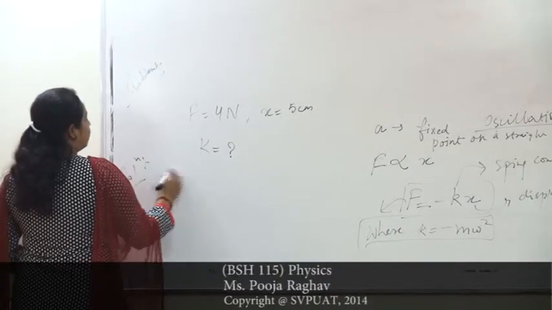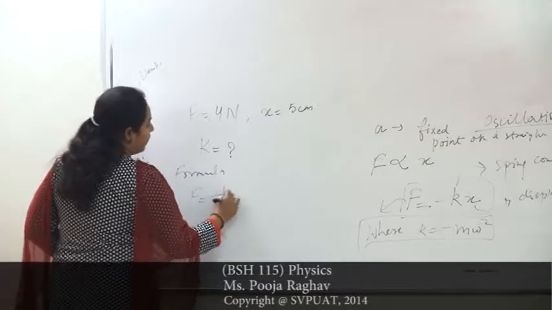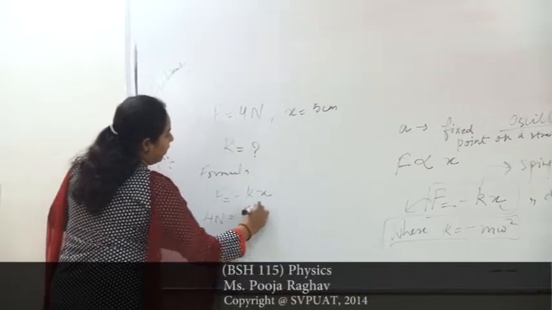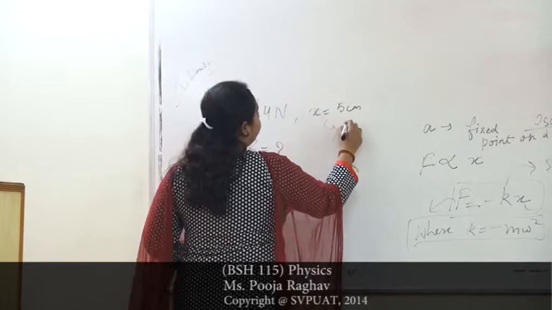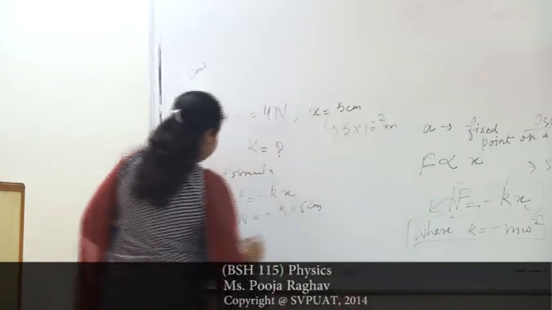The formula used is F equals minus kx. Force is 4 Newton and distance is 5 centimeter. We convert it into meter, that is 5 into 10 to the power minus 2 meter.